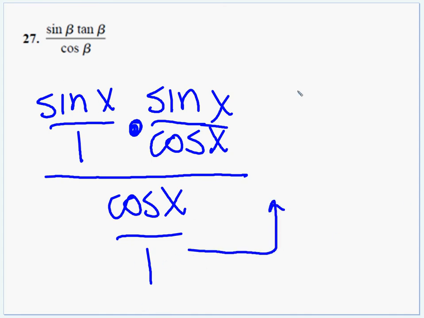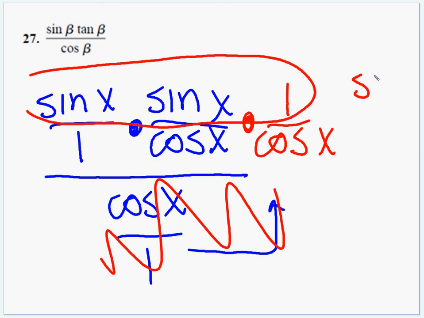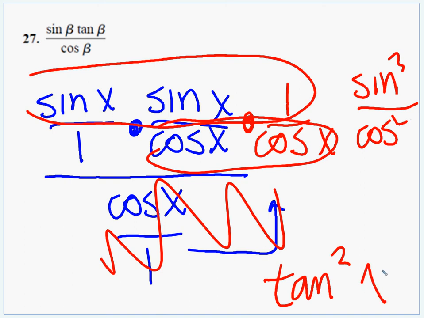I'm going to switch to red ink. So now it's 1 over cos. And here we've got one big expression with 3 things multiplied. So it looks like if we multiply straight across the top, we're going to have sine squared. And across the bottom, we're going to have cos squared. And since it's sine squared over cos squared, we can turn that into tan squared of x or beta or whatever variable you want to use.